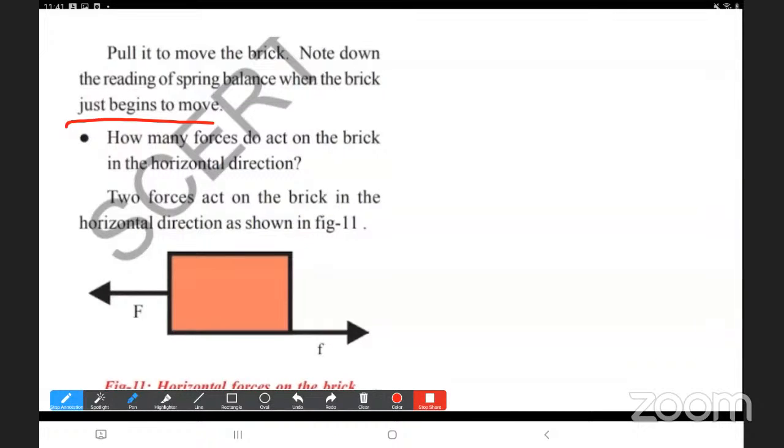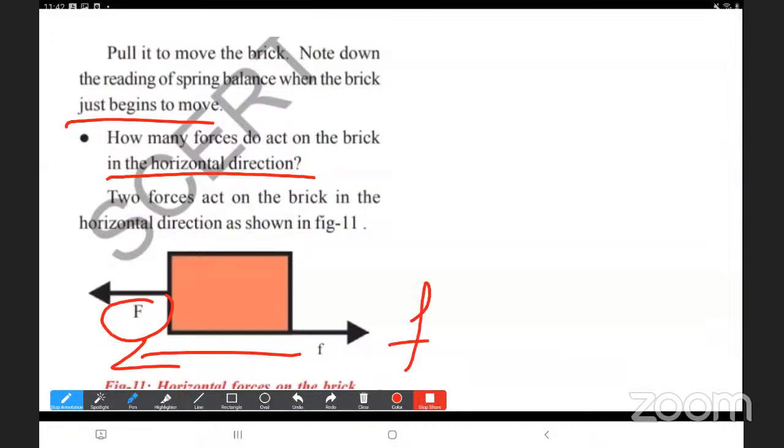Two forces act on the brick in the horizontal direction: small f is the force of friction and capital F is the force applied by us.